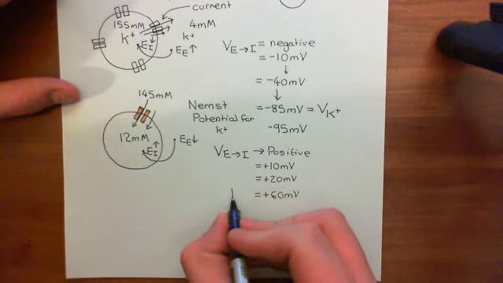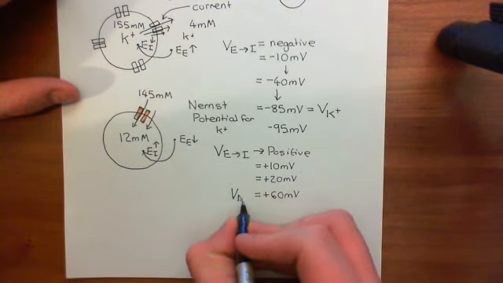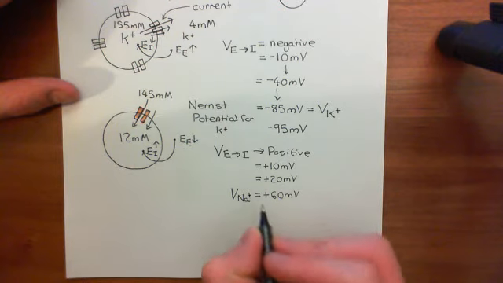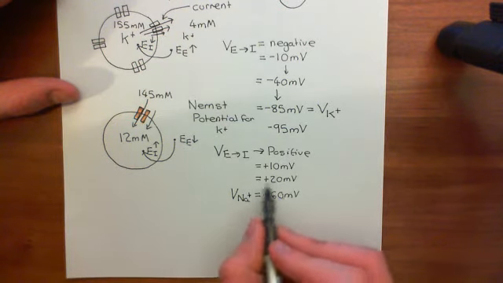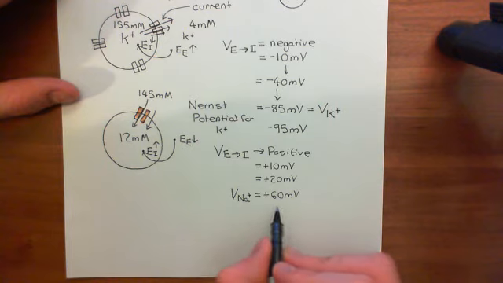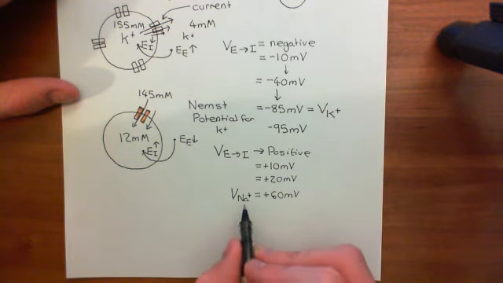And this is called the Nernst potential for sodium, or V Na+. So it's the electrical potential difference that you need to have across the cell membrane to get no net movement of sodium across the cell membrane.